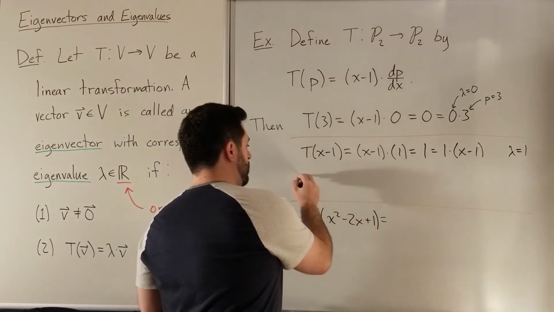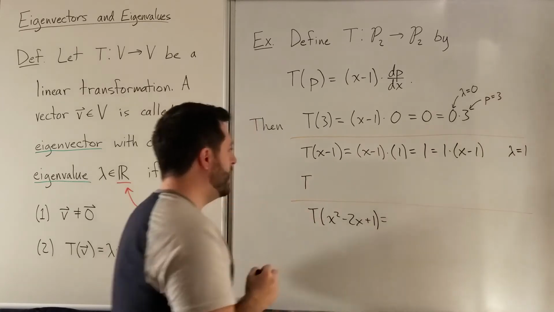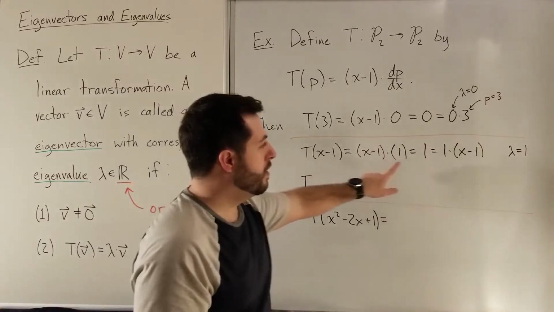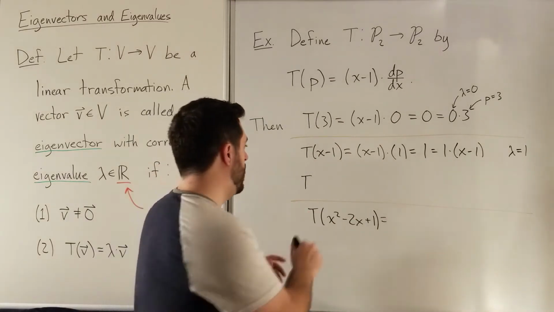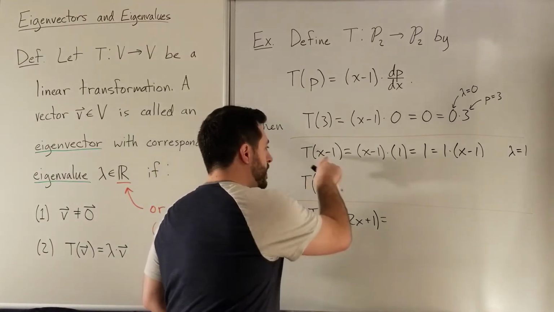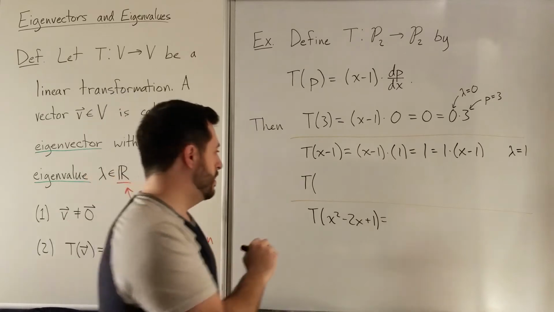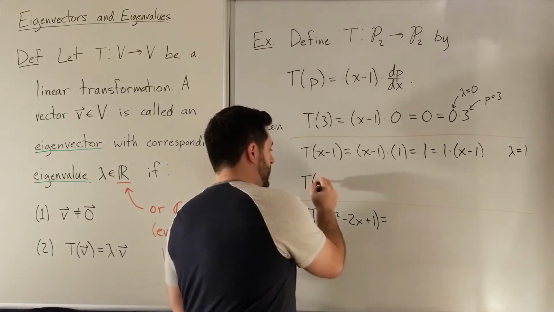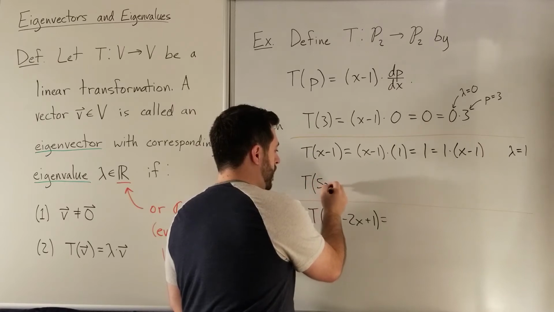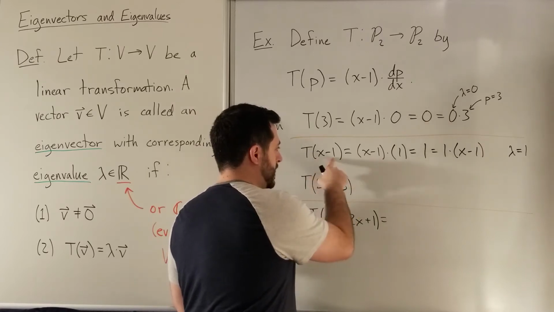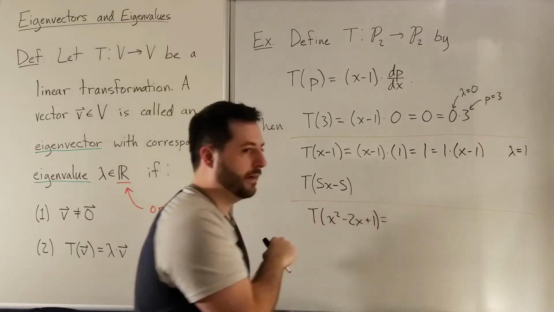Okay? Just to note, whenever you take an eigenvector corresponding to a particular eigenvalue, say in this case 1, and you scale the eigenvector by a certain amount, so I'm going to just scale this by a factor of 5. So x minus 1 times 5 is 5x minus 5.